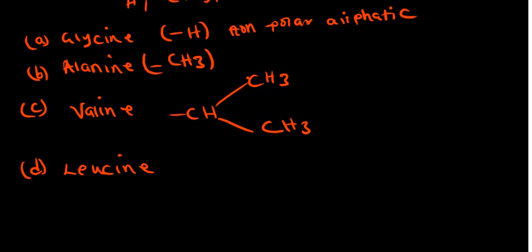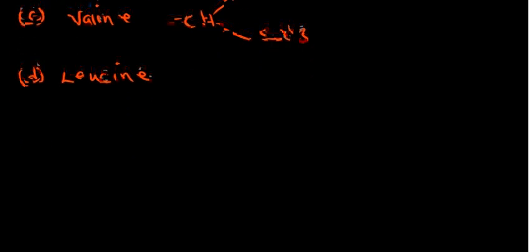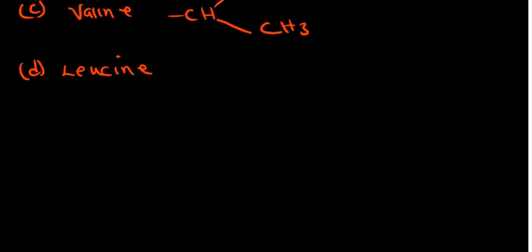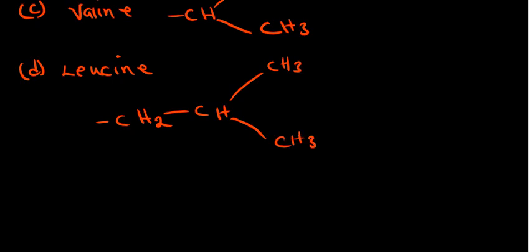The other group for leucine is like this. We have CH2, another CH here, then attached to CH3 and another CH3. So this is leucine.